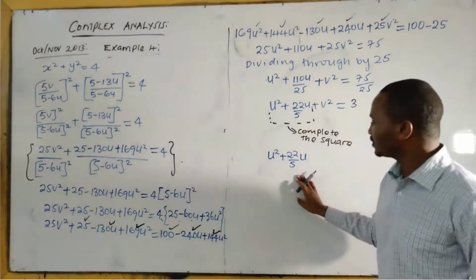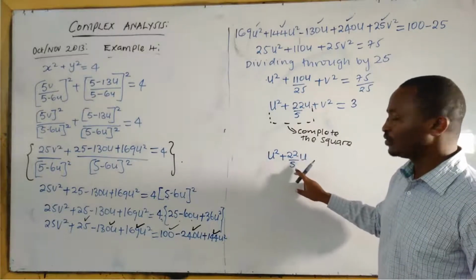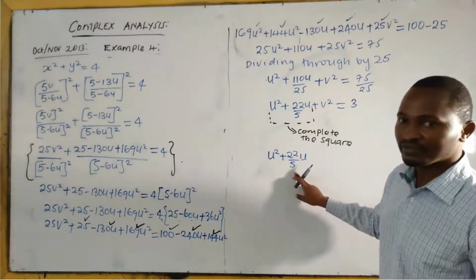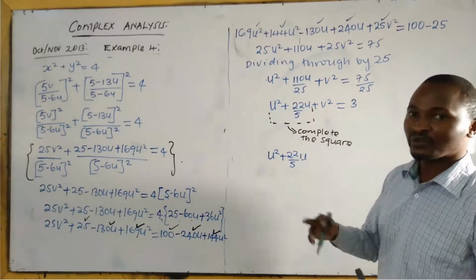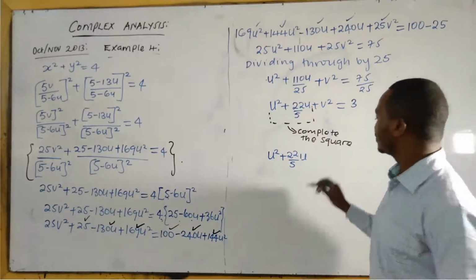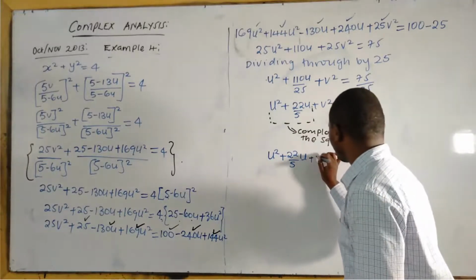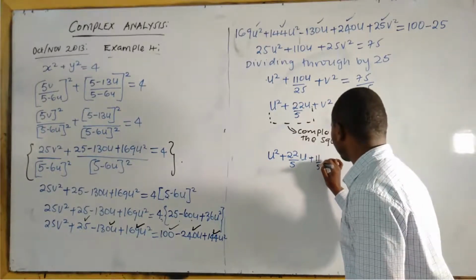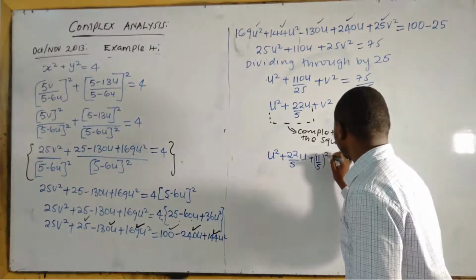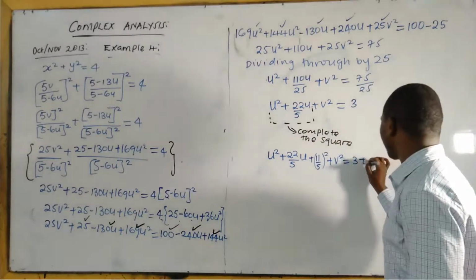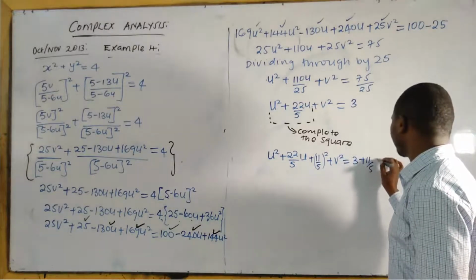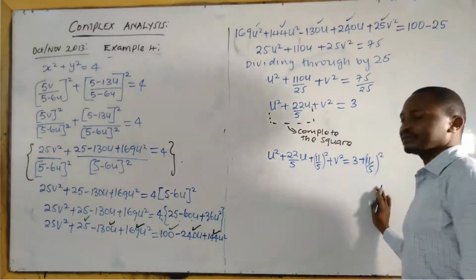What's the coefficient of u? 22 over 5. What is half of that? 11 over 5. Add the square of that on both sides of the equation, which is 11 over 5 squared. Plus v squared is equal to 3 plus 11 over 5 squared.